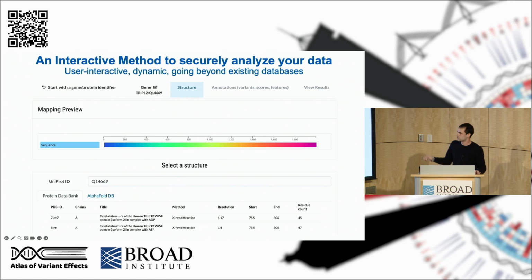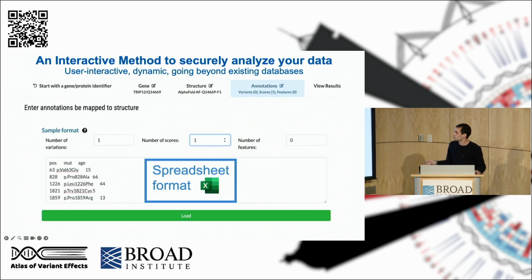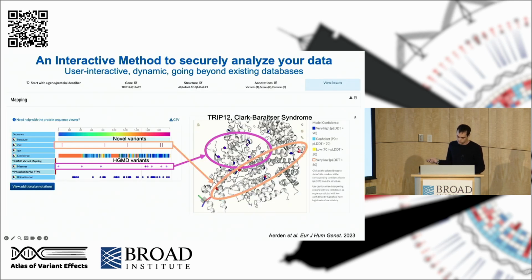You could select an existing PDB structure, an AlphaFold structure, or you could upload any other structure. Then you upload annotations. You can upload annotations from different spreadsheet formats, and the portal will detect different variant formats, scores, or multi-class annotations. And then finally, you can visualize.